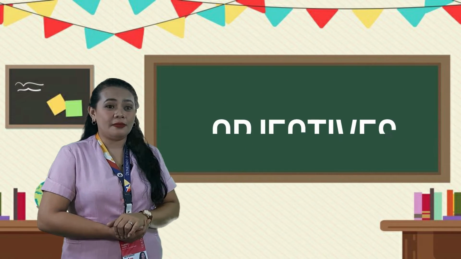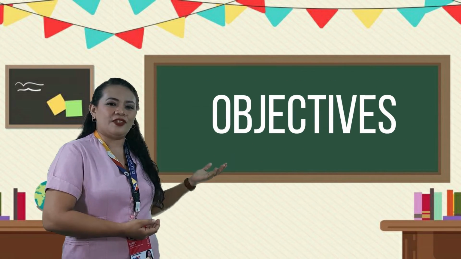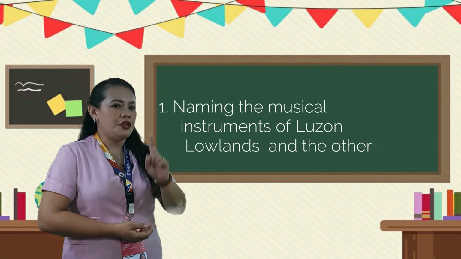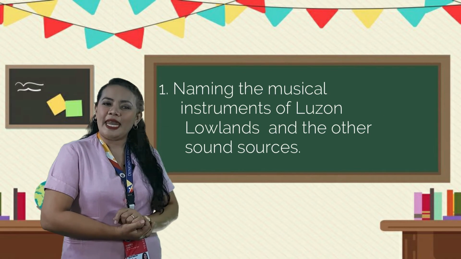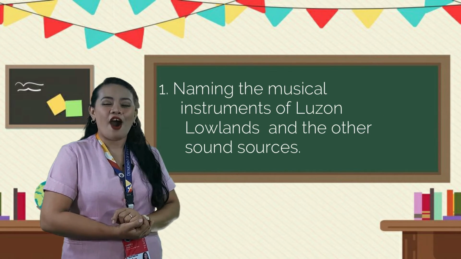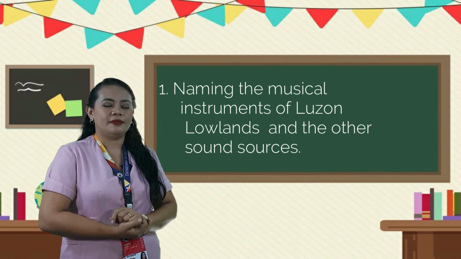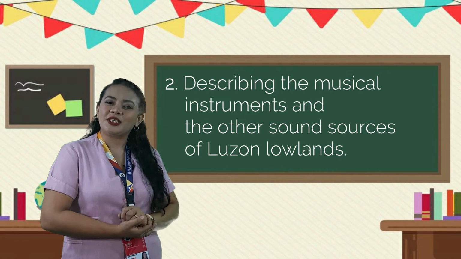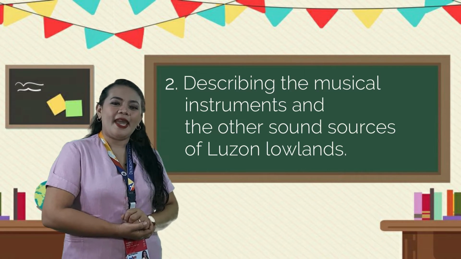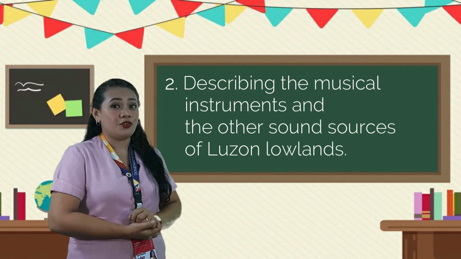But before that, these are our objectives for the lesson. Number 1, naming the musical instruments of Luzon lowlands and the other sound sources. Number 2, describing the musical instruments and the other sound sources of Luzon lowlands.